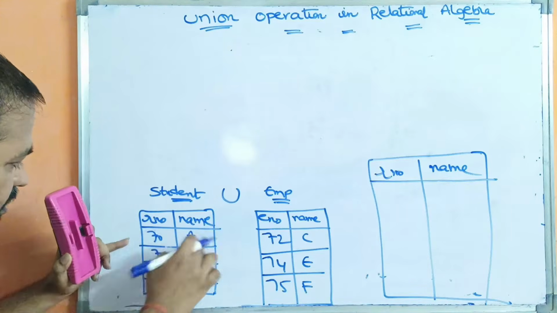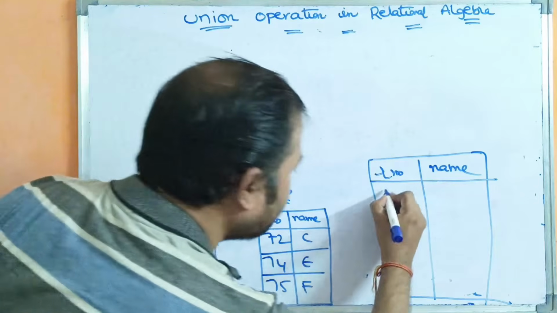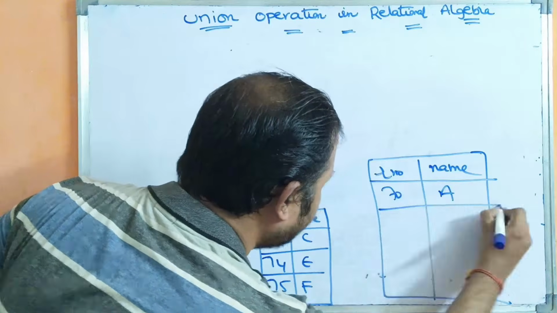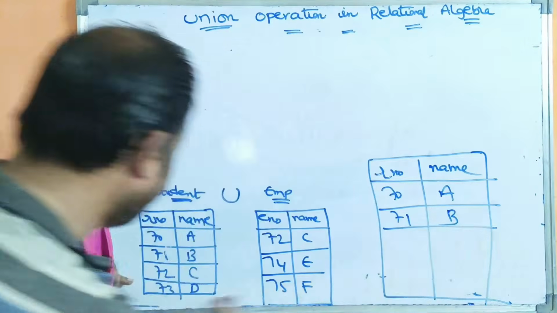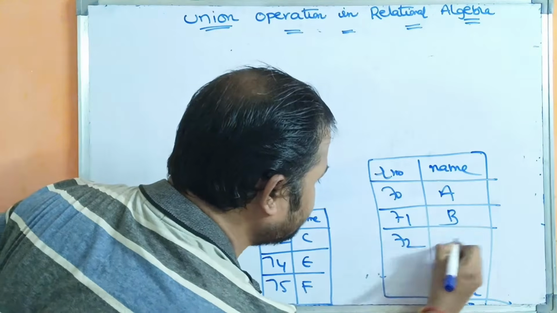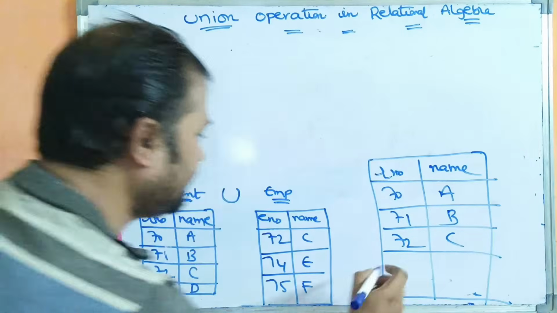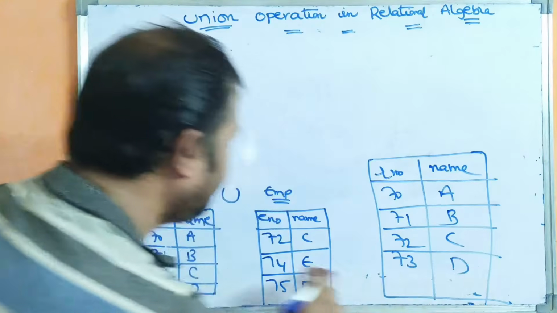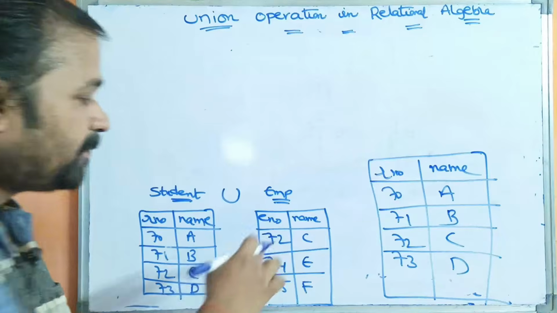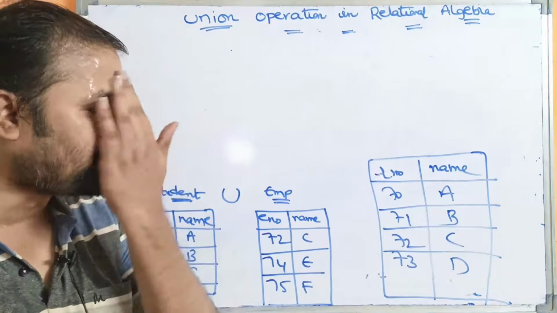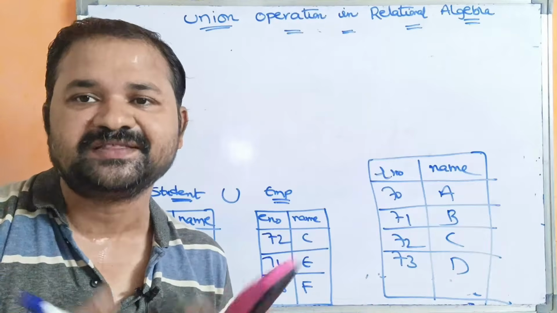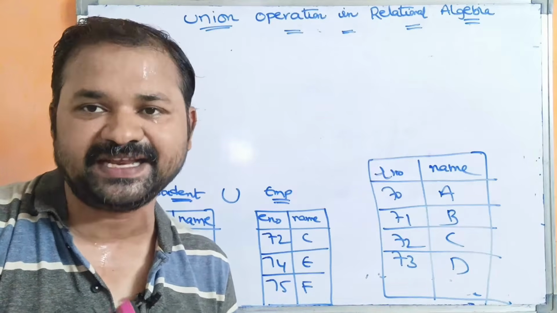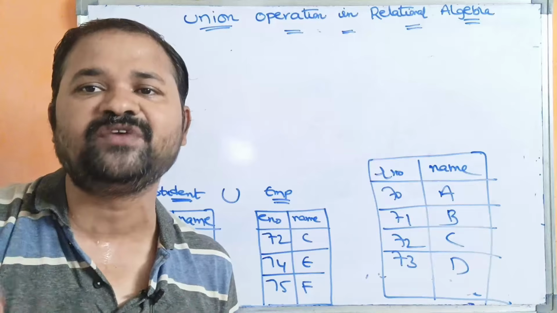So what is the first row here? 70A. So 70A will get displayed. Next, second row, 71B. So this will be displayed. Next third row, 72C. Next fourth row, 73D. Next fifth row, 72C. But 72C is already displayed. So union means if there are any duplicate rows, then those duplicate rows will be deleted and only one unique row will be displayed.